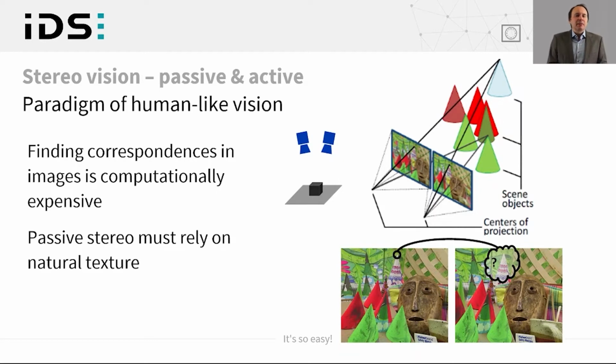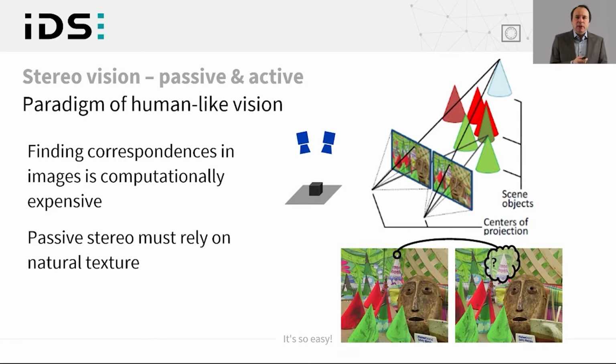As you can imagine, this process of comparing these images is computationally expensive. So this technology became popular when sufficiently capable computing and sufficiently capable algorithms were developed to provide fast stereo matching.